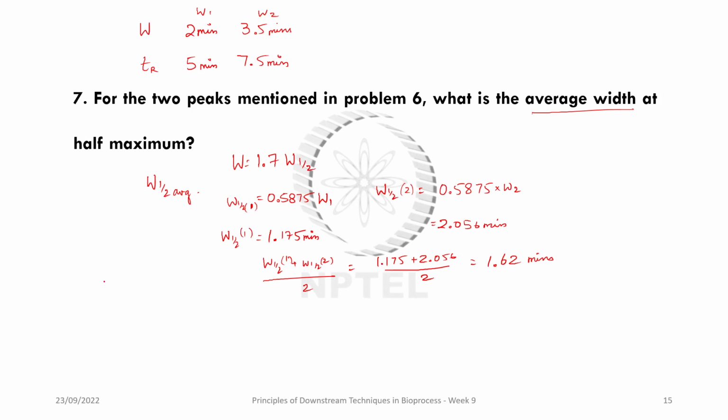Now, traditionally, we have this relation R is equal to delta t by average width at base, which is also equal to 0.589 delta t and average of half width.